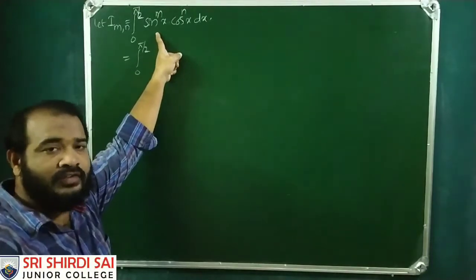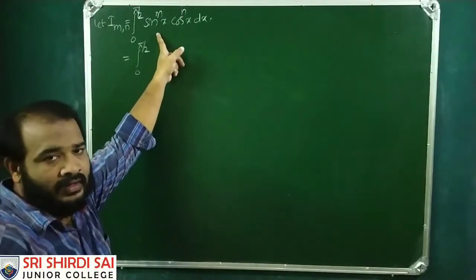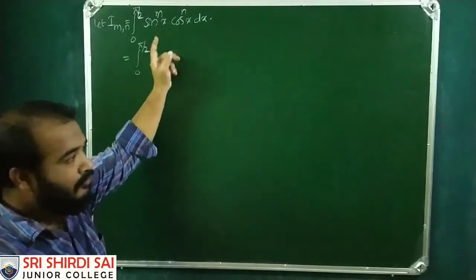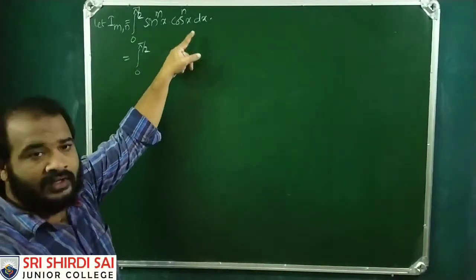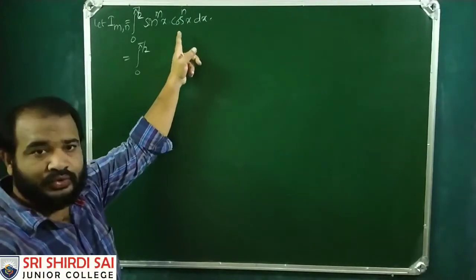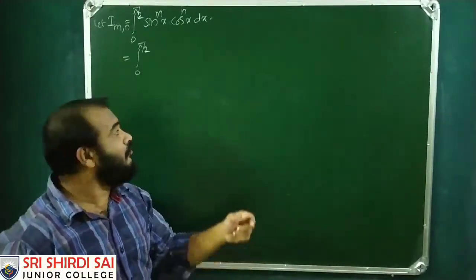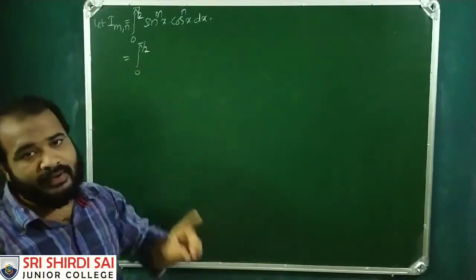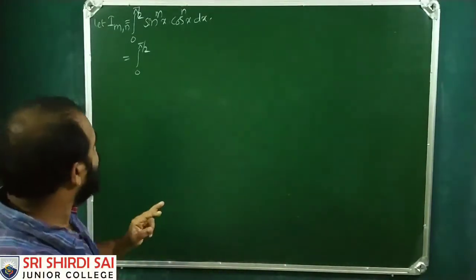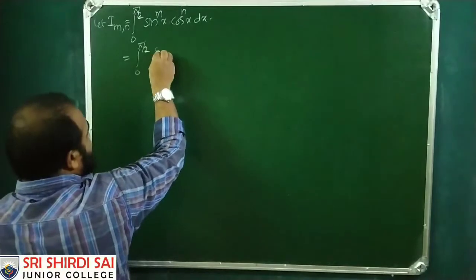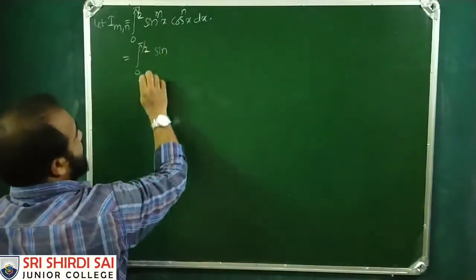So in both ways we can get the reduction formula. Of course, the reduction formula will differ between these two, but ultimately if you substitute the limits 0 to pi by 2, the definite integral will be the same.